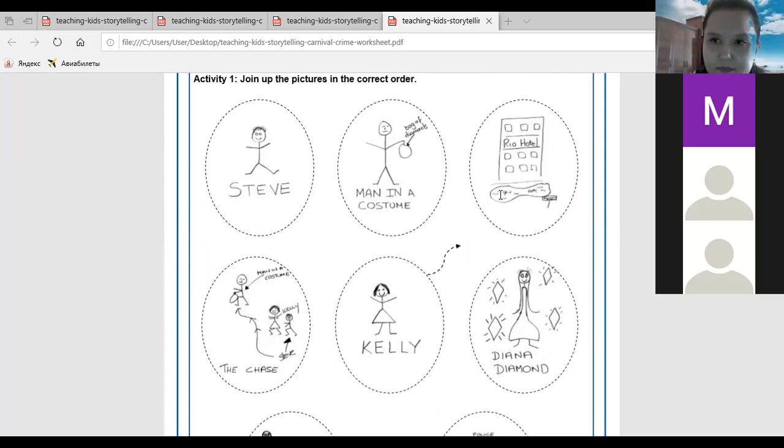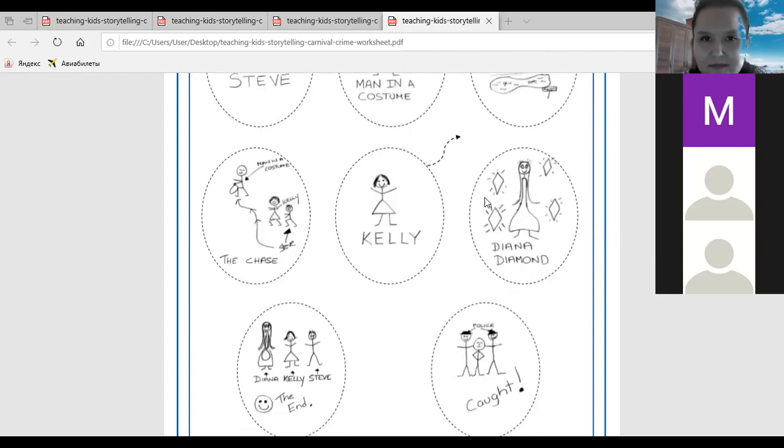I thought all of them are related, and there was a man called Steve, and she just found or just came across the bag of diamonds according to the picture, and he just considered or planned to book a hotel called Rio, and just Kelly and someone and friend Steve lost their bag, which is full of diamonds, and the picture is with Diana Diamond.